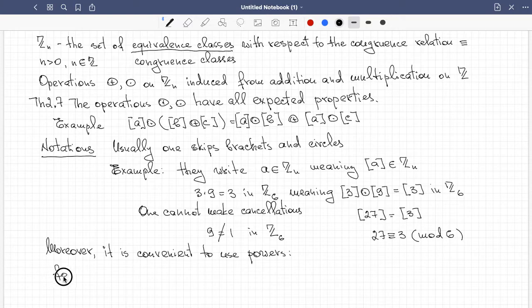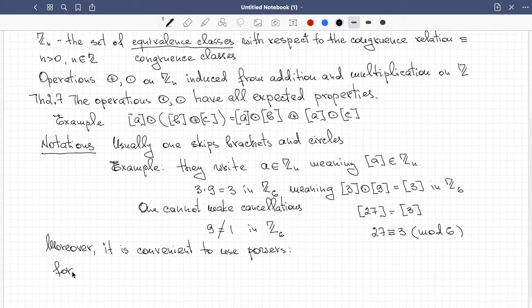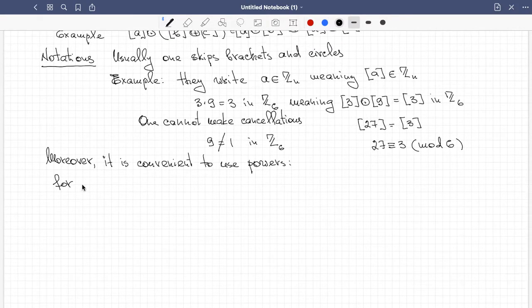For a positive integer k, you can write a to the k.